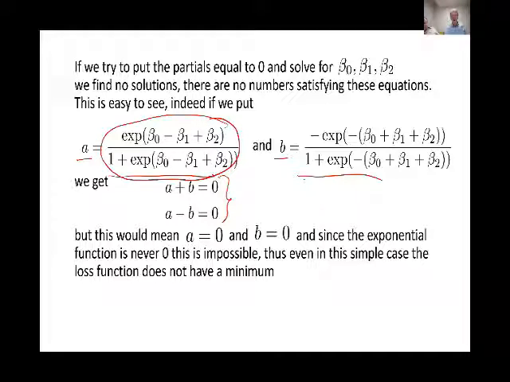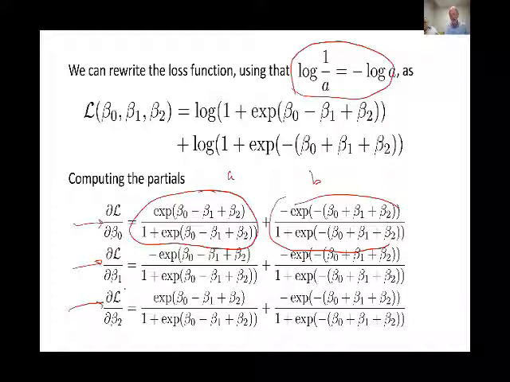But that can't happen because the exponential function is never 0. So this A, given as this fraction, is never 0. That means these equations, putting them equal to 0, don't have any solution. So there is no minimum here.